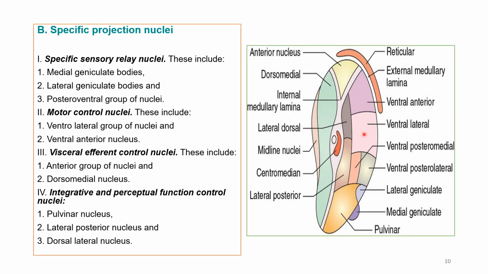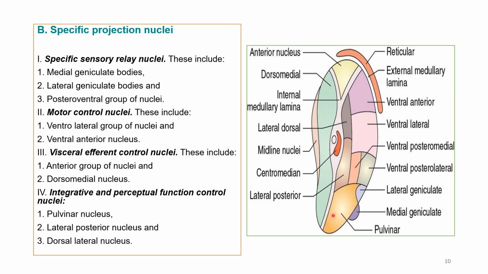They are non-specific projection nuclei. Then coming to specific projection nuclei. So specifically they will project to a particular area. They are divided into 4 groups: specific sensory relay nuclei, motor control nuclei, visceral efferent control nuclei, and integrative and perceptual function control nuclei. So you see here the specific projection nuclei, the specific sensory relay nuclei.